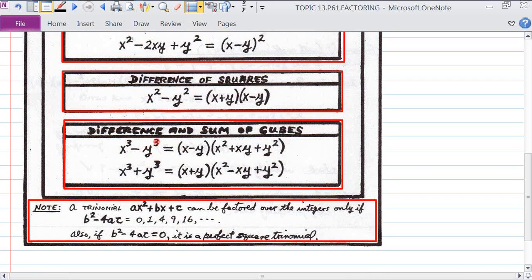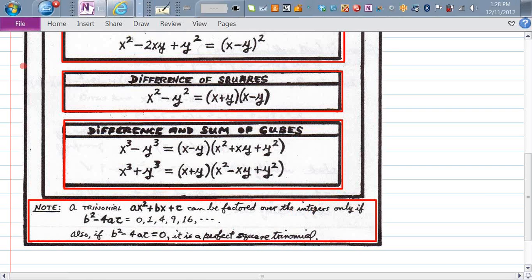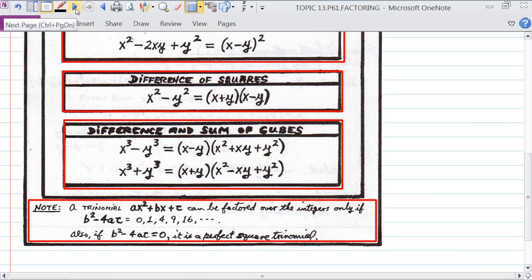This is a cube and that's a cube. This is the sum of cubes. And we're going to look at how we can look at a trinomial of the form ax squared plus bx plus c and determine if it can be factored using integers. So this term can be factored over integers means that integers are the solution to the trinomial.